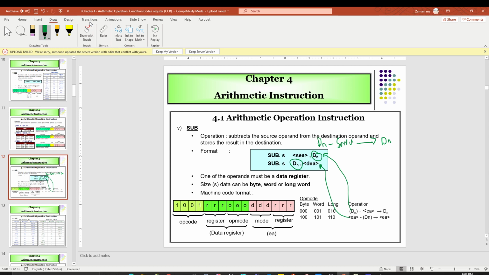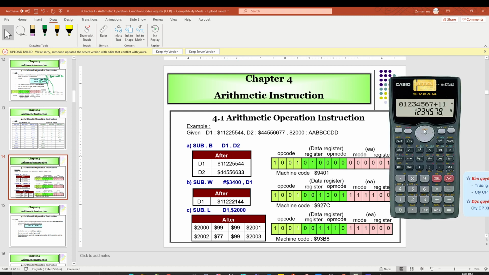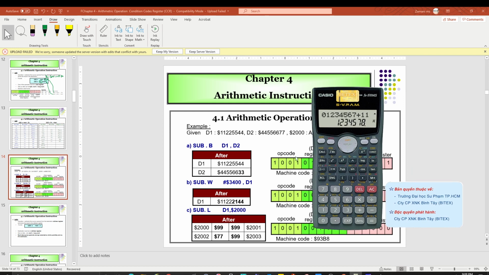Okay, let's move on to the example questions and answers. Here is going to be sub.byte D1, D2, which means D1 is going to be subtracted from D2 in byte size. D2 is given as 44, 55, 66, 77, but for the byte size it should be only 77 over here.